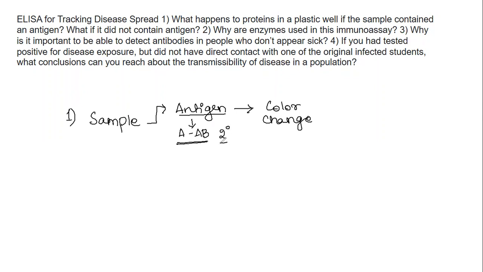There would have been a color change. If there is no antigen at all, there is no binding reaction with the antibody. Even after I add the secondary protein, it won't be indicated with any kind of color change. So there won't be any color change.